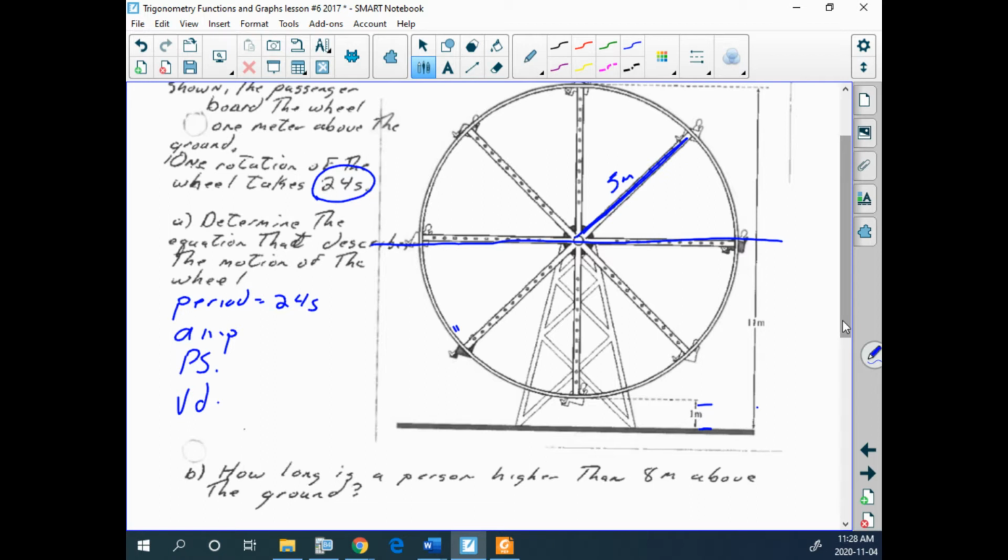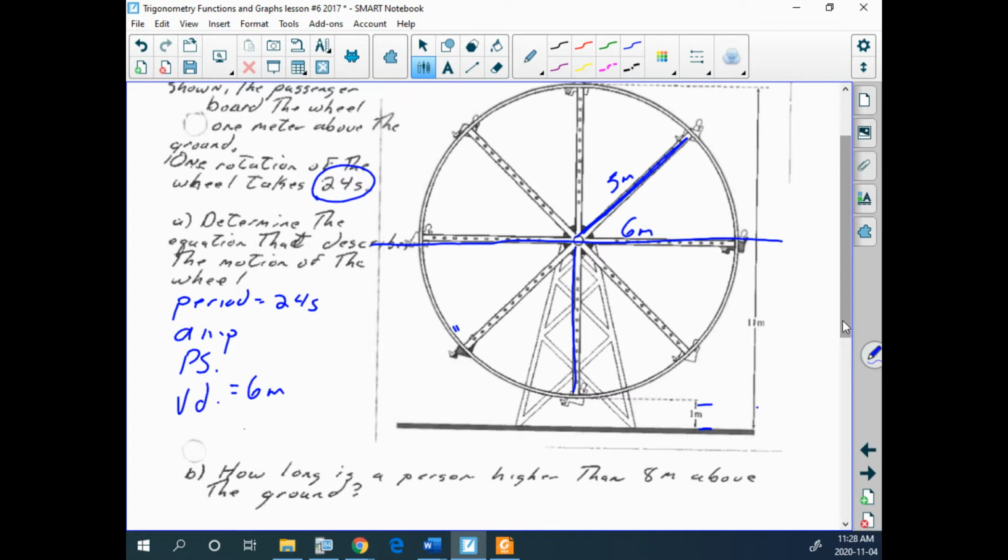So where is the center of that wheel located? 6 meters above the ground. This one plus this radius. So our vertical displacement is 6 meters.